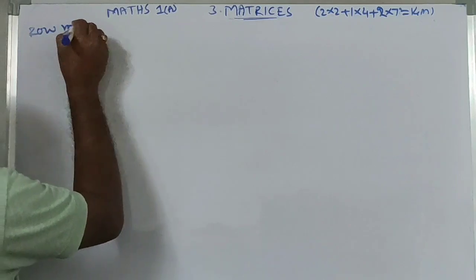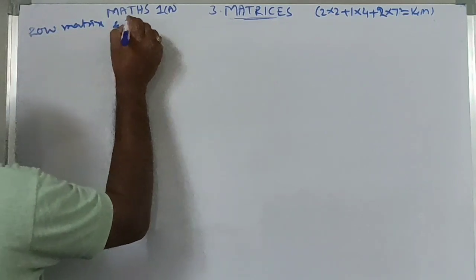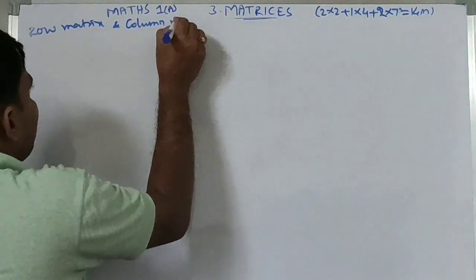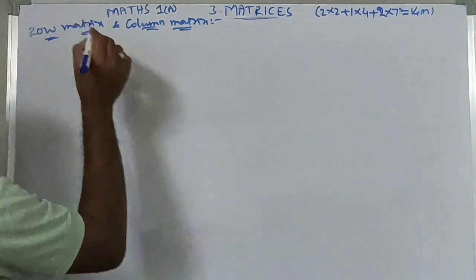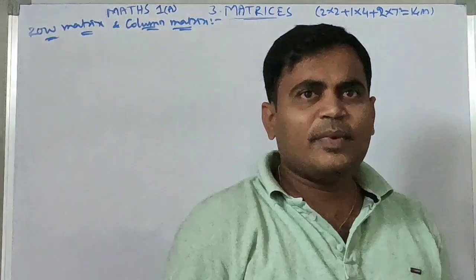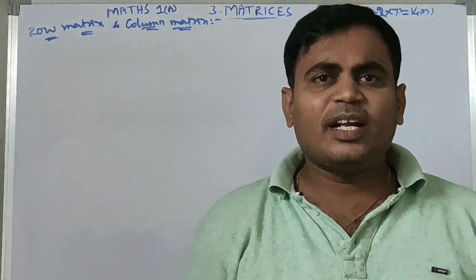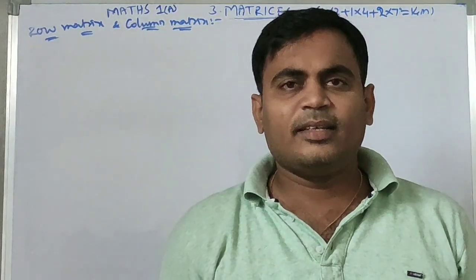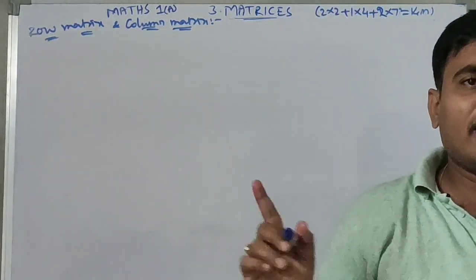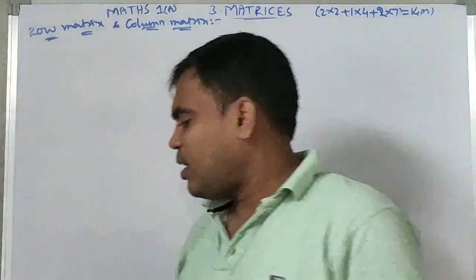Row matrix and column matrix. What is a row matrix? A matrix containing exactly one row is called a row matrix. A matrix containing exactly one column is called a column matrix.